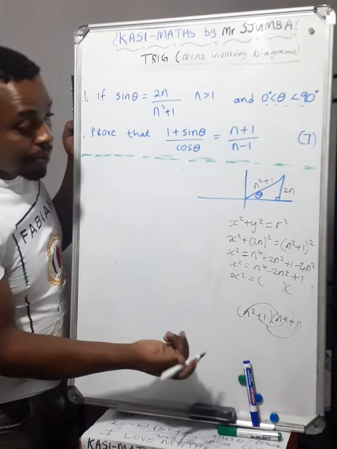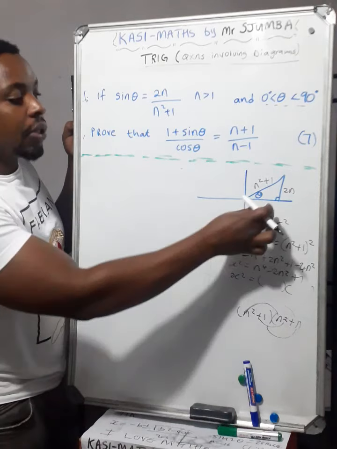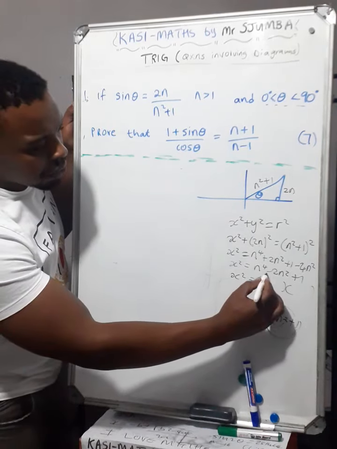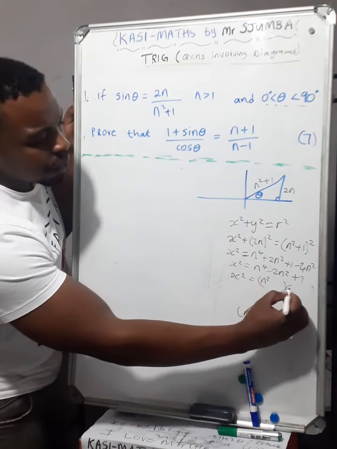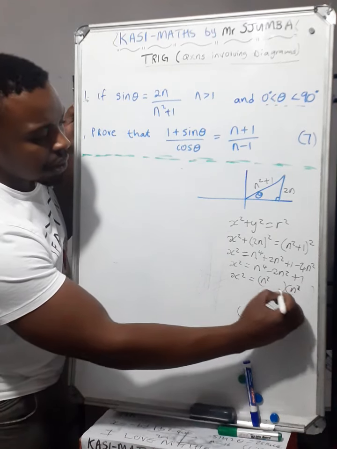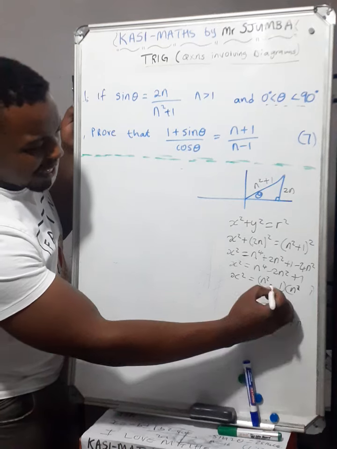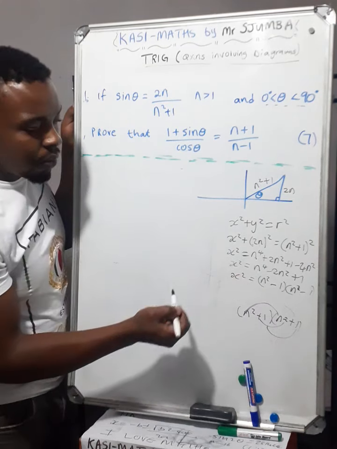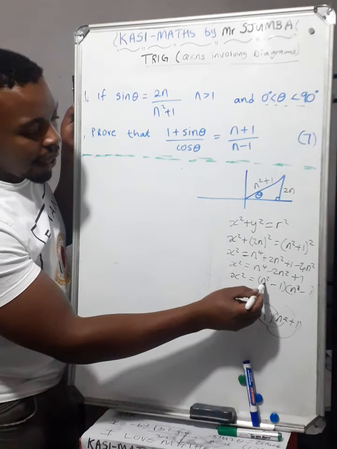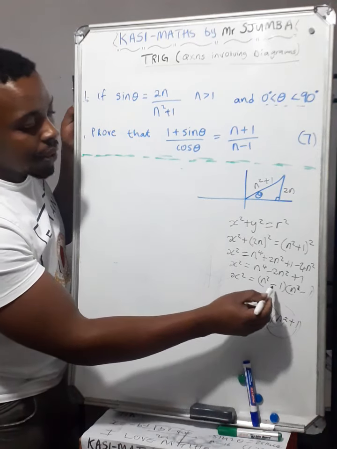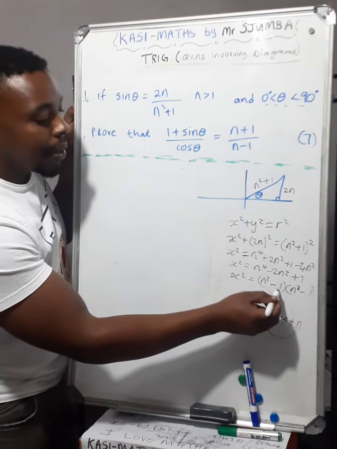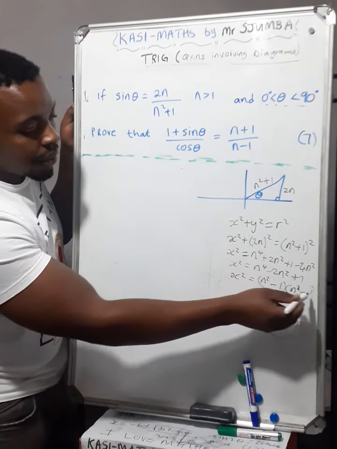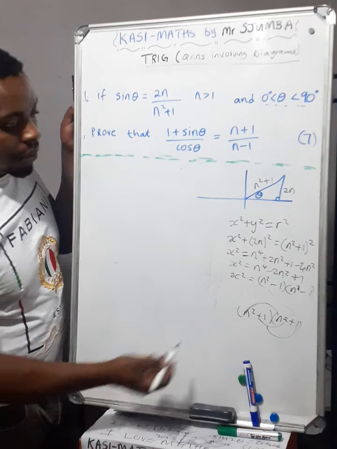It's a matter of simplifying. Factorizing, it's going to be (n squared minus 1)(n squared minus 1). n squared times n squared gives n raised to 4, the middle terms give minus 2n squared, and 1 times 1 gives 1.